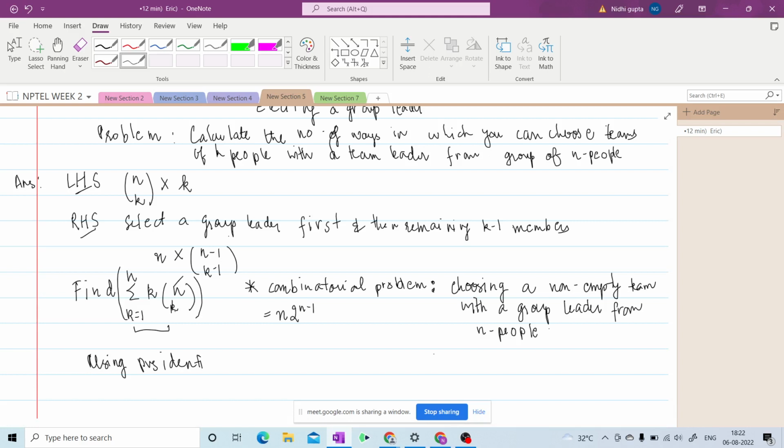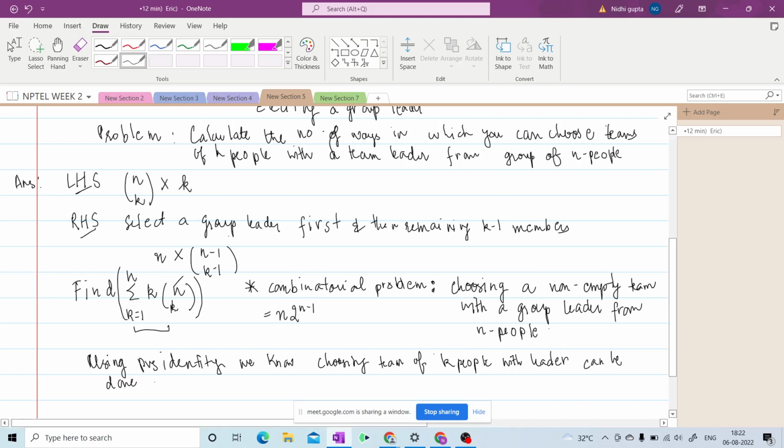Using the previous identity, we know choosing a team of k people with a leader can be done in k choose k ways.